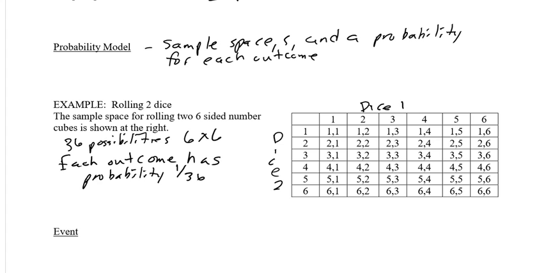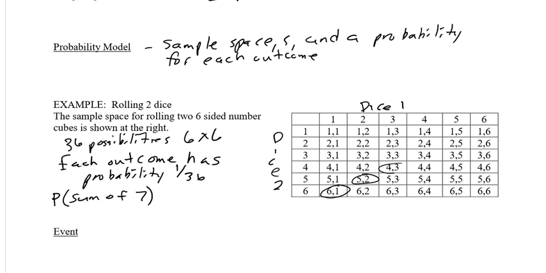So if we wanted to say the probability, we'd say P of getting a sum of 7. Well, you can see here are the outcomes that give us a sum of 7.